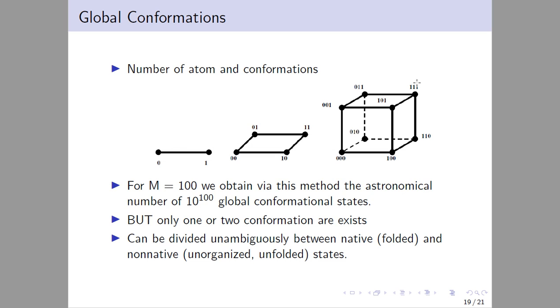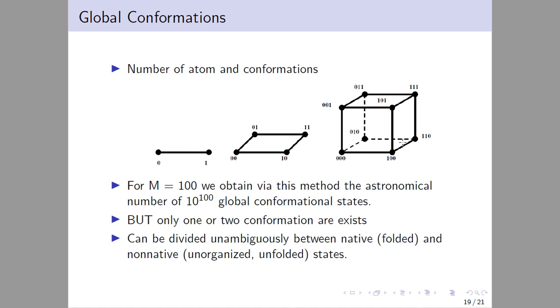Satu molekul boleh ada dalam berbanyak bentuk. These are the examples, number of atoms and conformations. Kalau kita ada dua atom saja, we can see only this conformation. Kalau kita ada empat, ada this one. This is Fibonacci number or whatever number.